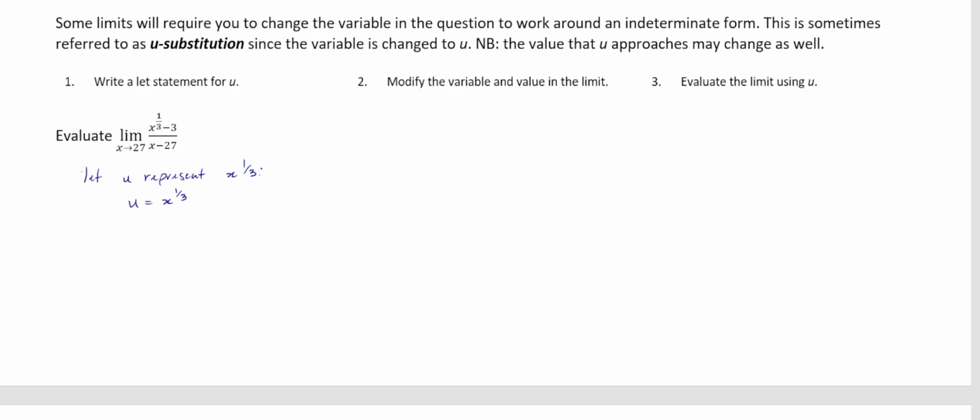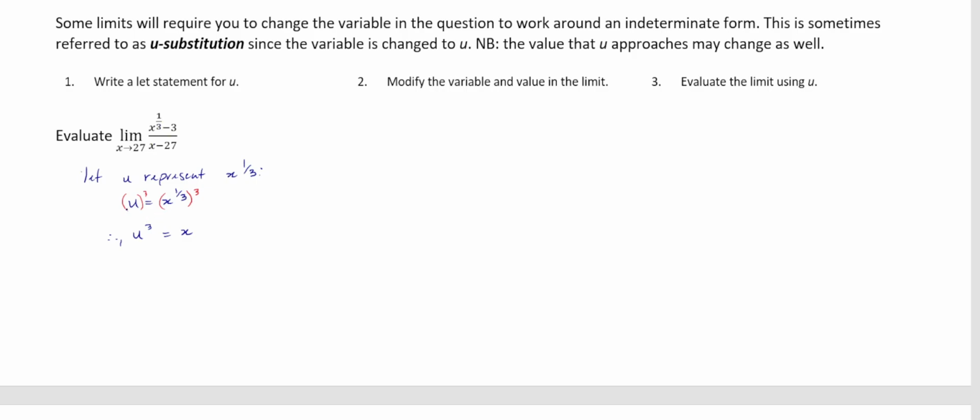And if I cube both sides, I can therefore now say, therefore, u cubed is equal to x. All right, so I now have a value for x to the power of 1 over 3.